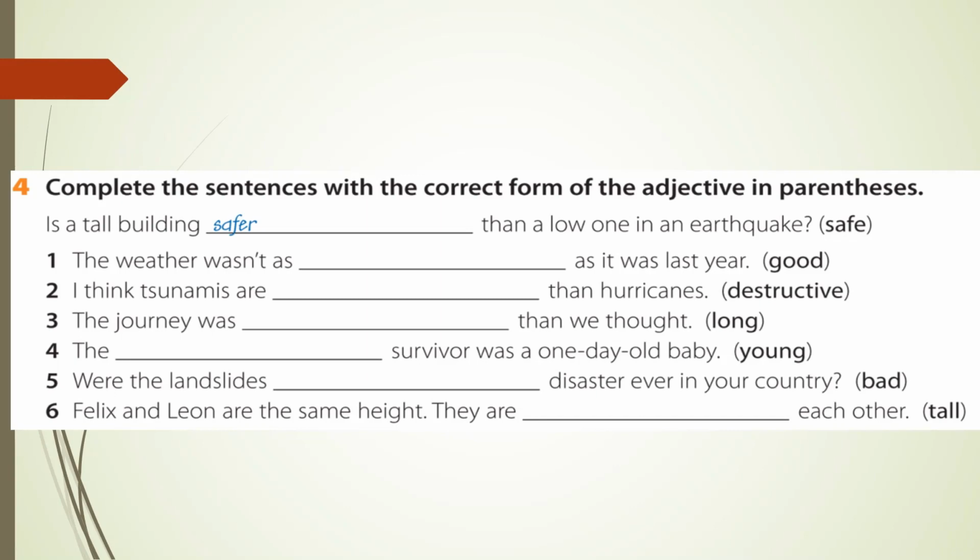For the short superlative forms, we have to add est. For the long comparative form, of 2 or more syllables, we have to add more. And for the long superlative form, we have to add the most, okay?